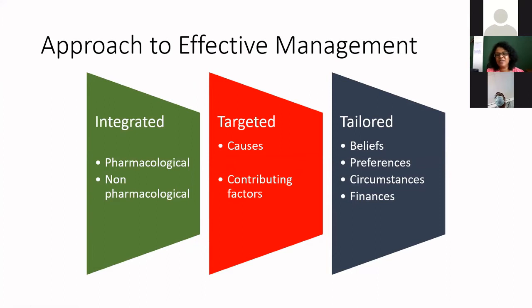So we sometimes give medications to get zero pain, and the patient might be a little bit drowsy. But another person might say, no, I can tolerate some pain, but I want to be very alert, I want to do a little bit of gardening at home. So whatever the medication or management, we should tailor according to the patient's beliefs, preferences, circumstances, as well as finances.